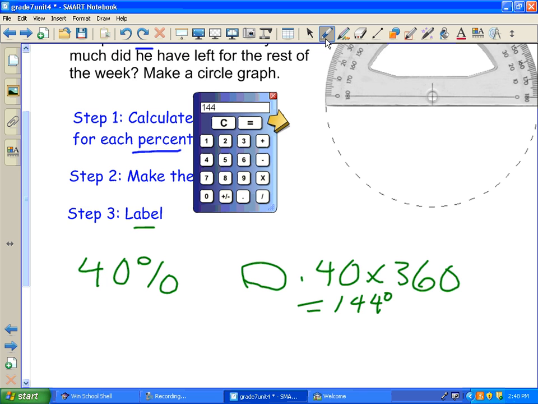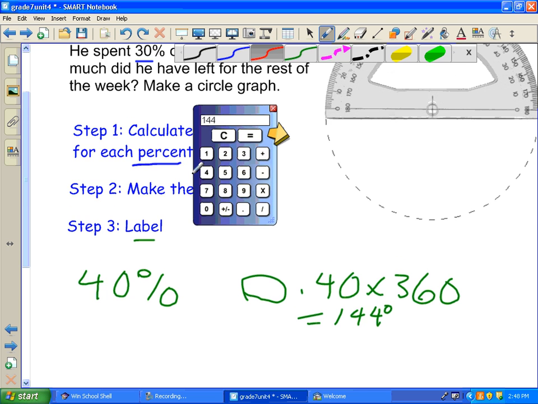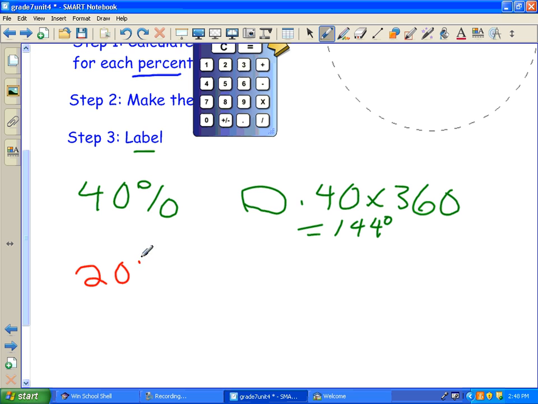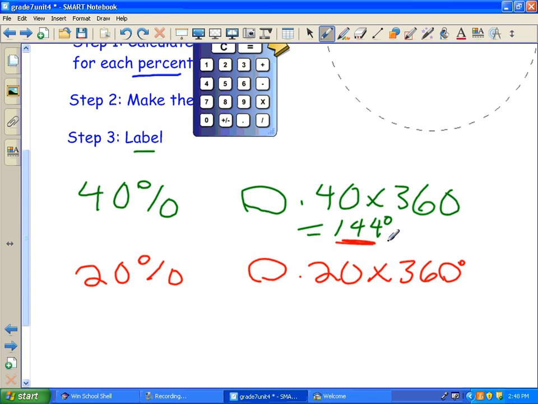Let's work out the next one. The next one was 20%. So 20% is 0.20 times 360 degrees. Now, if you're really smart, you know 20% is half of 40%. So you could just take half of 144, which will give you 77.